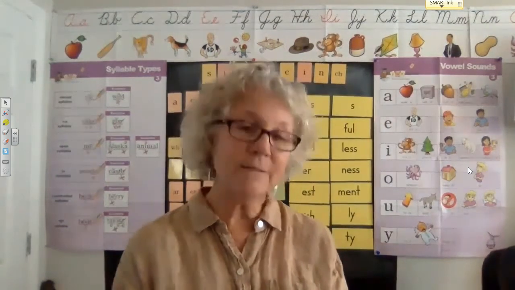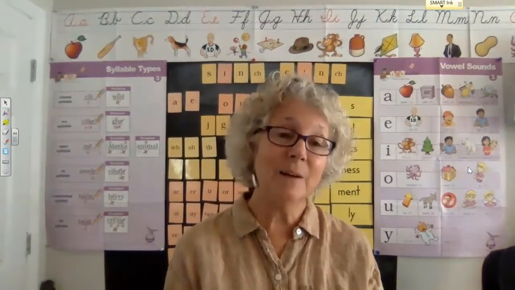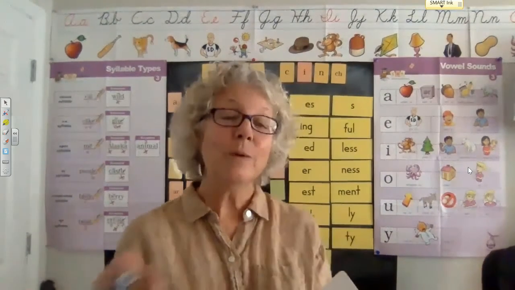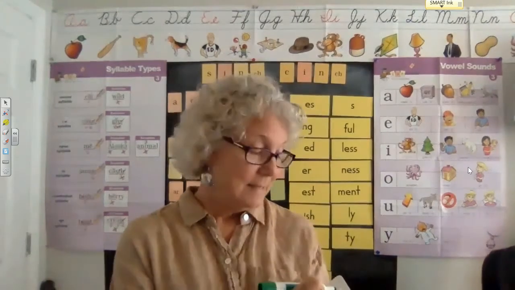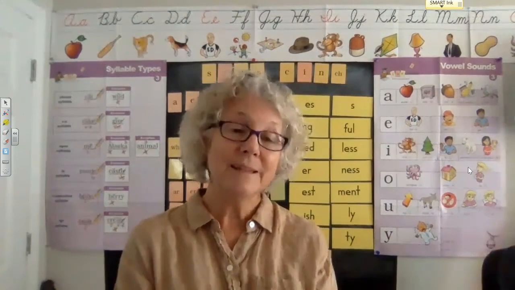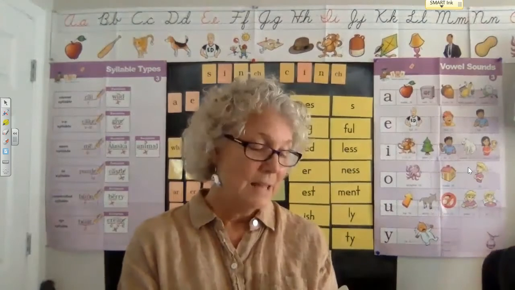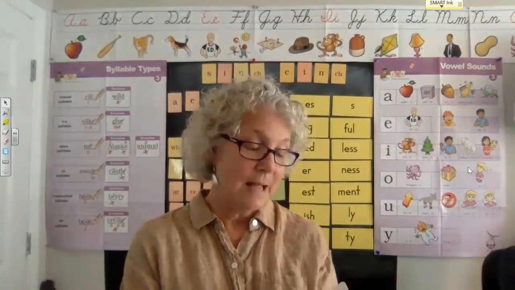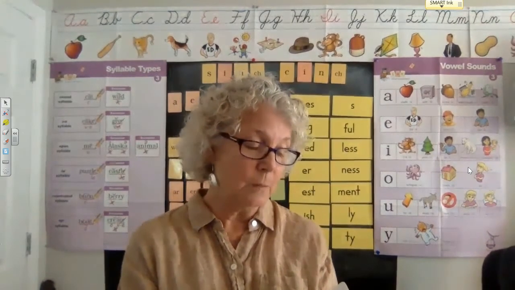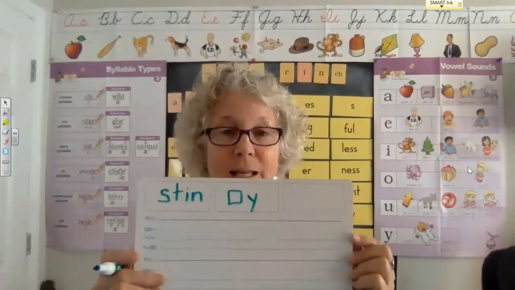The next word means you're not very generous with things. The word is stingy. Echo. Good. What's the first syllable? Stin. How are you going to spell it? S-T-I-N. Good. G. There's my choice. And at the end of a two or more syllable word, I'm going to have that Y that says E, right?